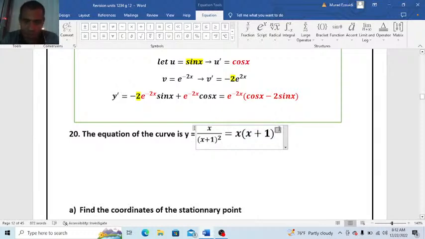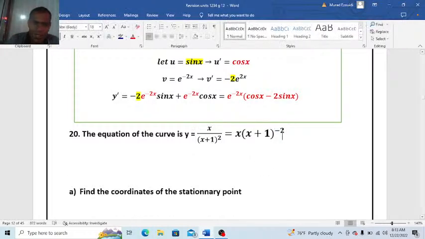This is the product rule, or use the other one, the quotient rule. If we are going to differentiate y, use the quotient rule or the product rule. Whatsoever, you have the two methods.